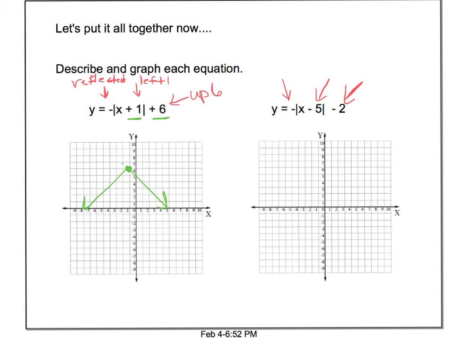Pause the video if you need more time. But I see that this means I move right 5 and down 2. So my new vertex is right here. And it is reflected. And so instead of opening up, my absolute value will open down.